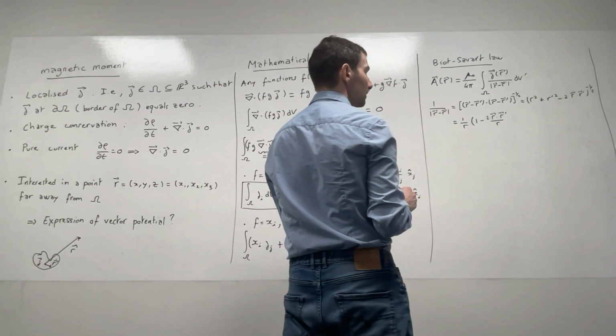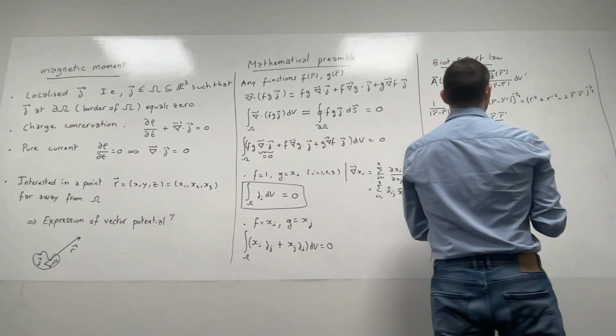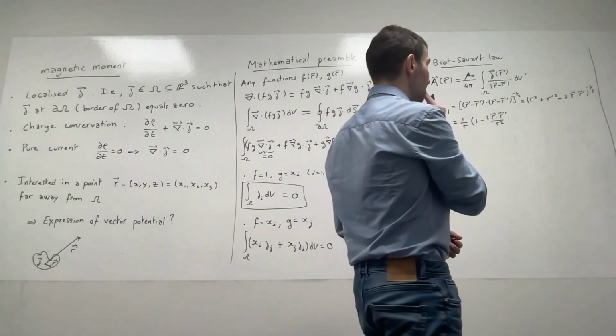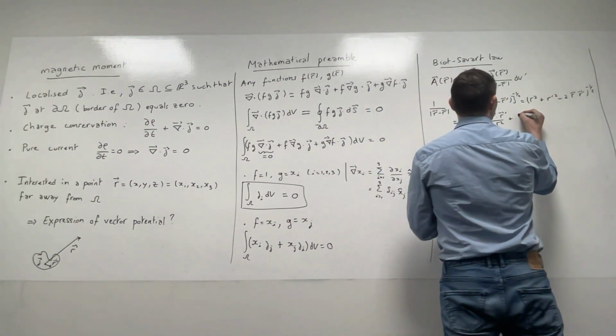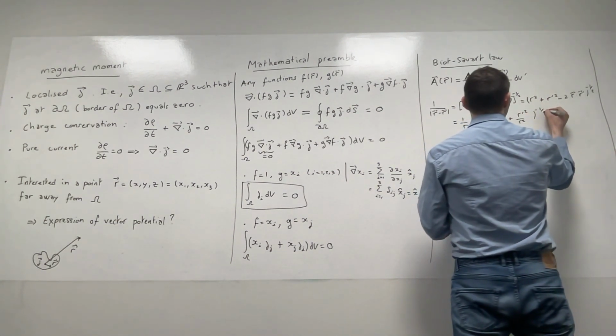Yeah, I think that's all right. And then plus r prime squared divided by r squared, and to the power minus a half.